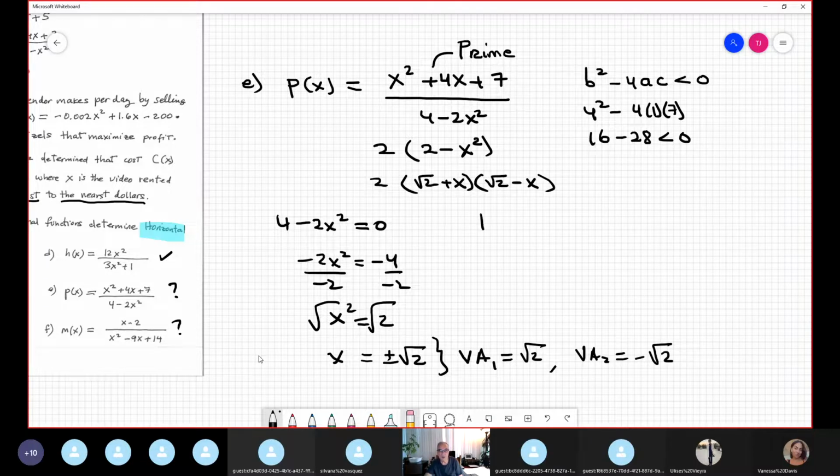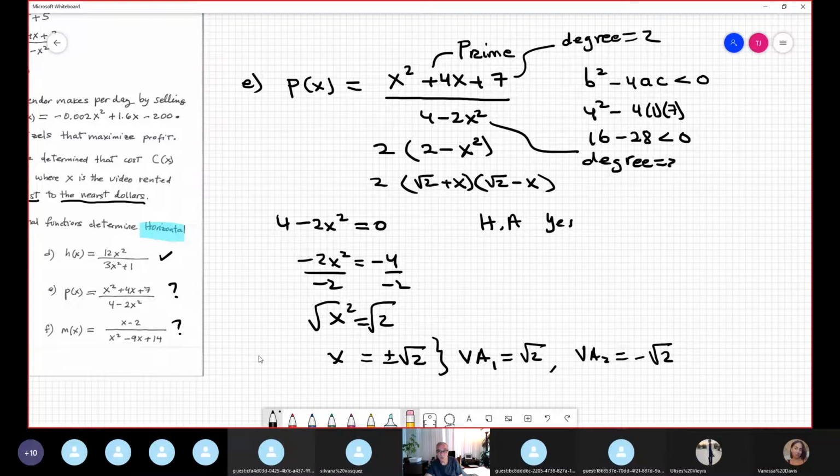And what about horizontal? Do we have one or not? Yes, because the degree of this is 2, and the degree of this is also 2. So when you take the dominant terms that represent the end behavior, the dominant in the top is x squared and the dominant in the bottom is minus 2x squared.